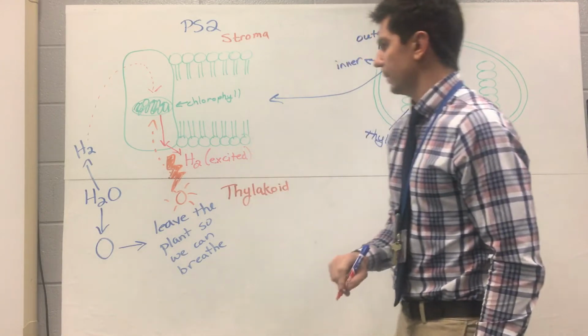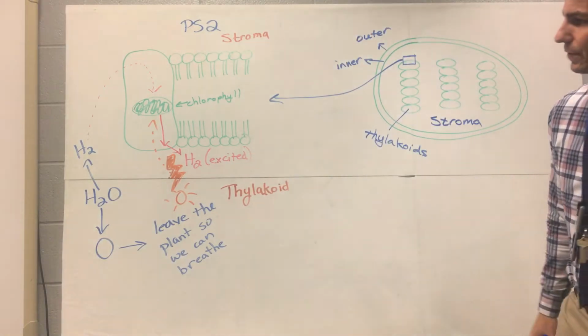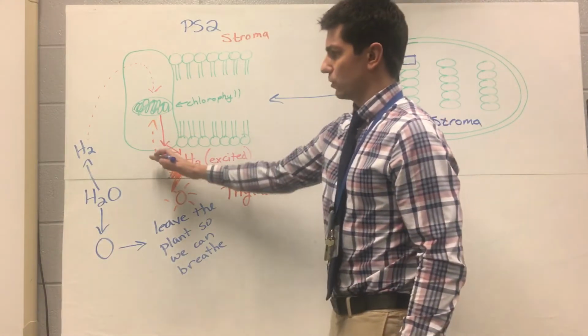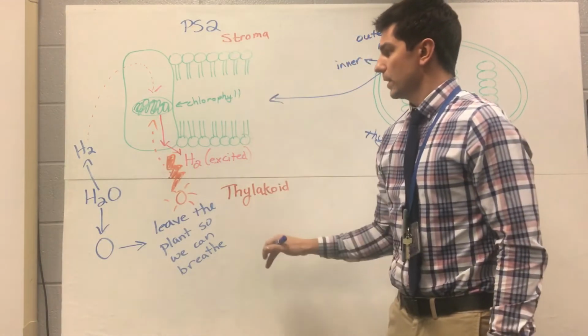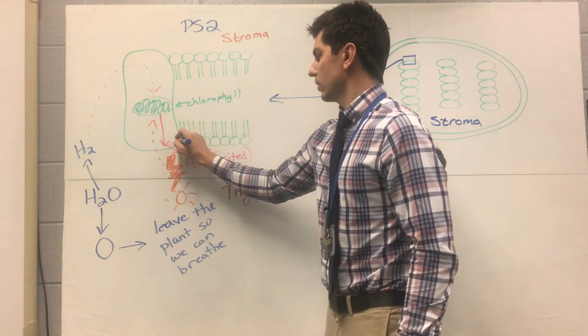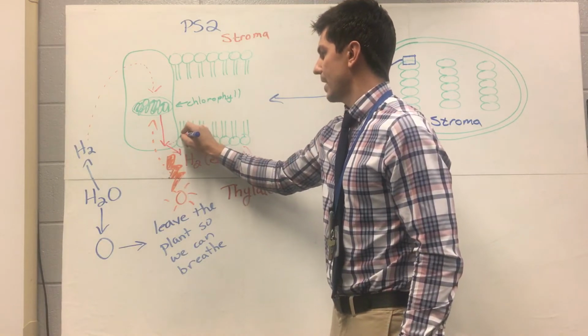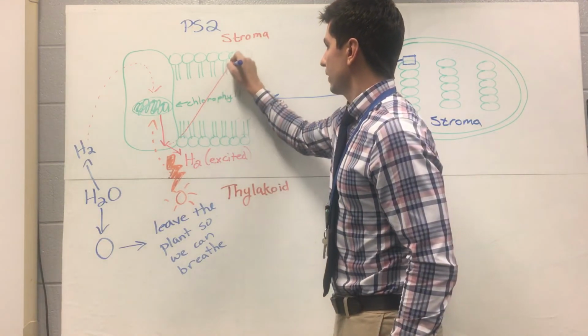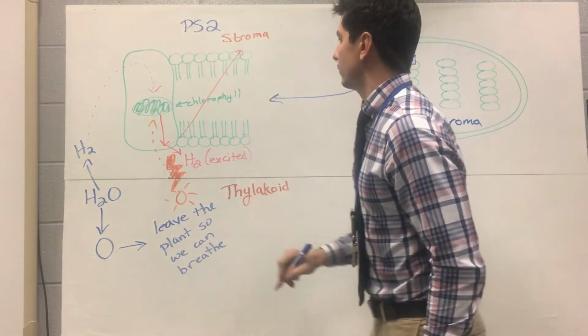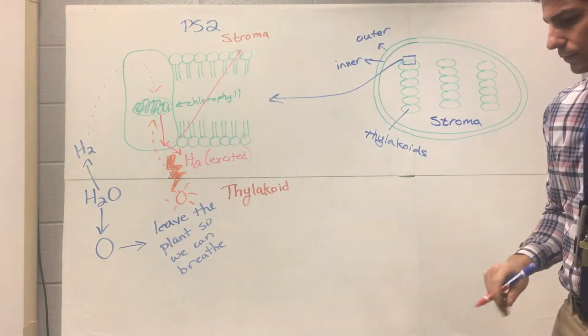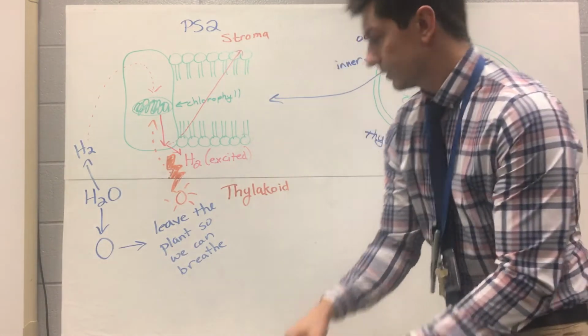excited. Okay? After that, we now have these excited electrons from photosystem 2, and they are going to take that energy they have and come over to the stroma side of our thylakoid membrane. Let me extend this just a little bit to give myself more room.